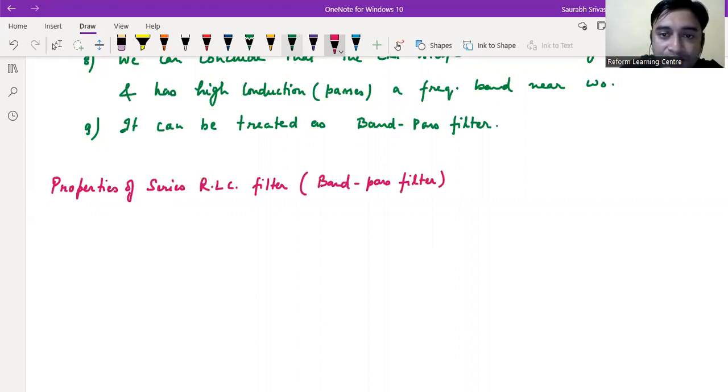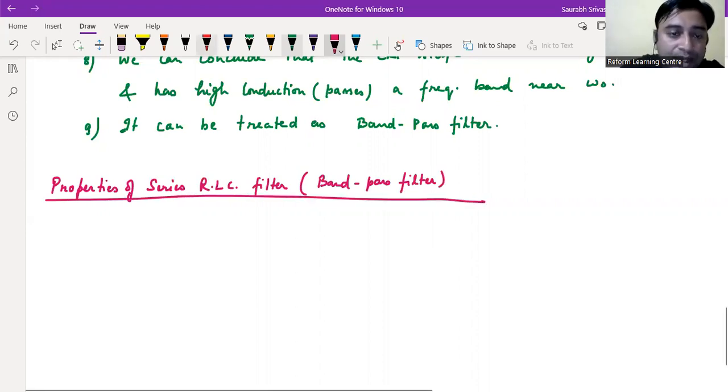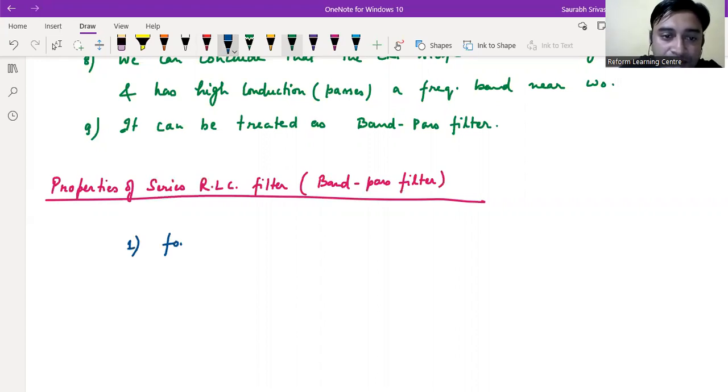The properties there. We have पहली property, for maximum conduction, frequency is what? Omega naught. For cutoff frequencies, omega 1 is called lower cutoff frequencies.